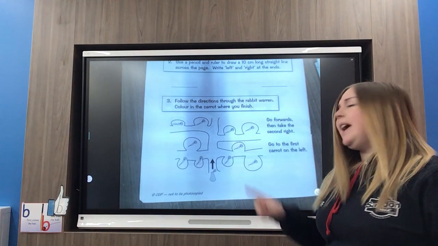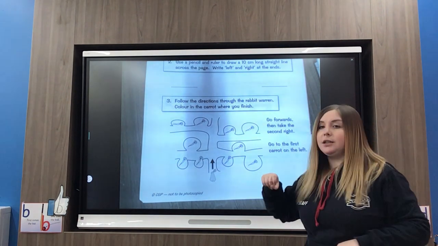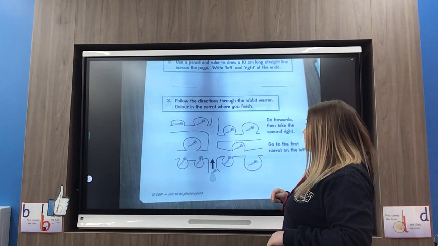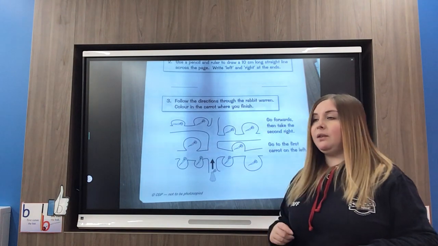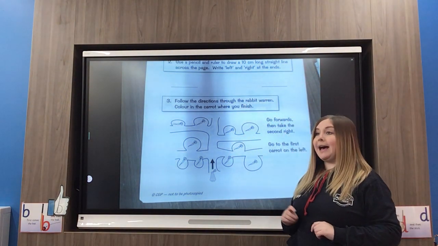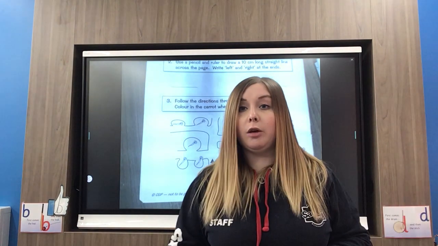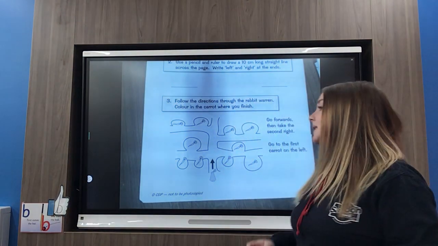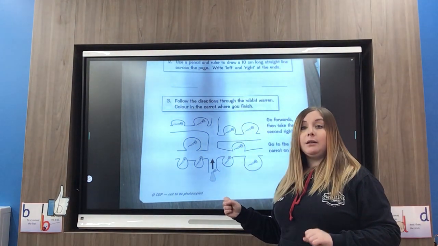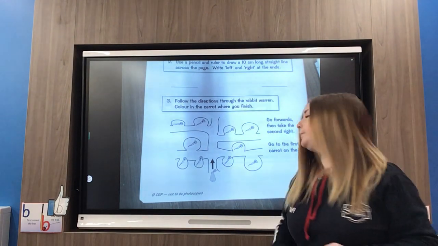And then once you've done that, you've got to go to the first carrot on the left. Okay, so see if you can figure out which carrot you would end up at. And you've got to colour that carrot in.